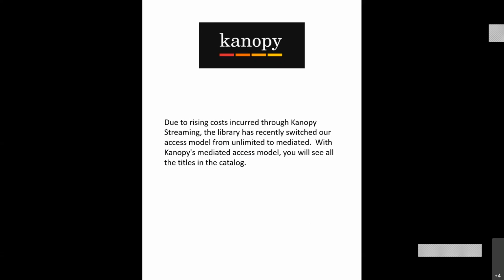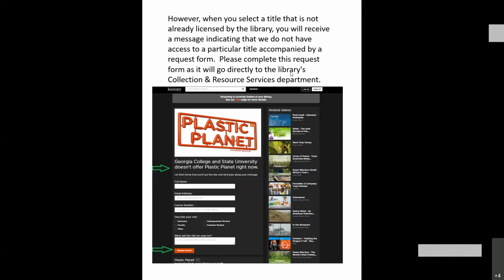And it is kind of annoying that you'll still see all the titles in the catalog, and that you can't actually view a list of what we actually have licenses for already. But if you go to that LibGuide that LaMonica mentioned a little earlier, there is a list posted on the library collections page of licenses we currently have, and I'm going to try and keep that updated every month.